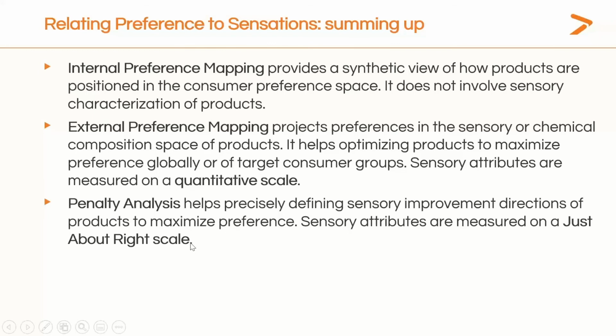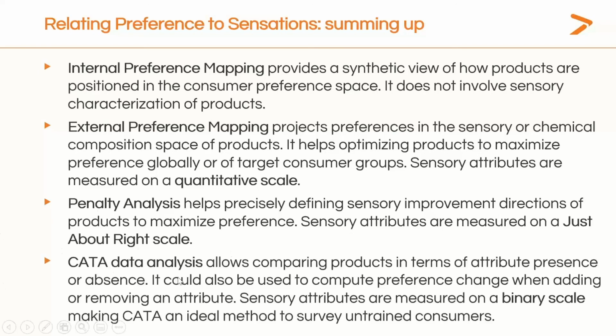Penalty analysis allows optimizing products and is based on attributes measured on a JAR scale. And lastly, CATA data analysis allows relating preference to sensory attributes measured on a binary scale. And something important about CATA is that its convenience makes it an ideal method to survey untrained consumers.